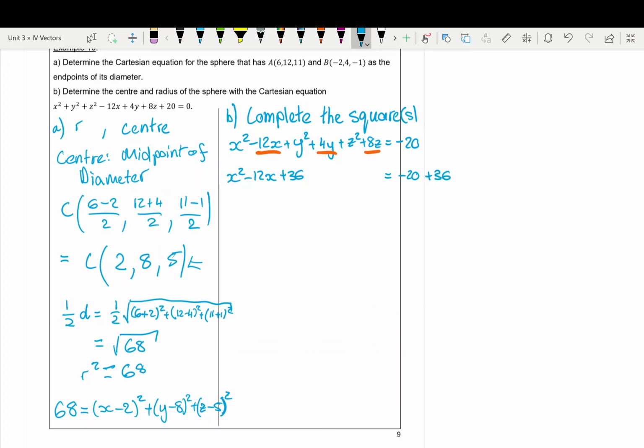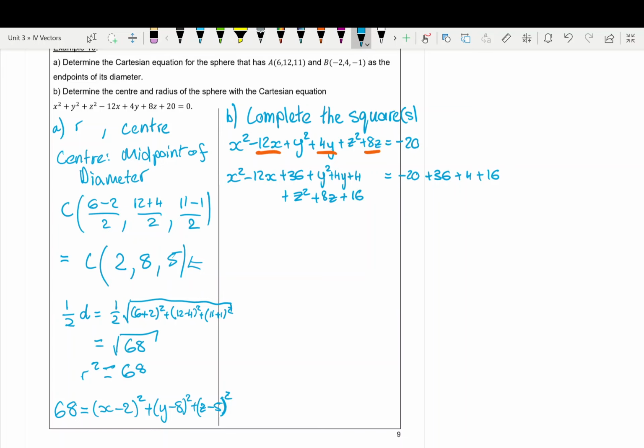Okay, the second term is going to be y squared plus 4y, half of that is 2, so that's going to be add 4. We also have to add it to the right. And then the last term is z squared plus 8z plus half of that is 4, so that's going to be 16. And we have to add 16 to the right.